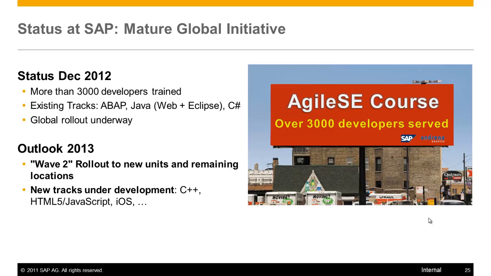Now for 2013, we focus on what we call first wave 2 new units and the remaining locations that we didn't cover so far. We also are developing some new tracks, and we also focus on sustainability to make sure that the practices and the benefits that we saw are actually staying and that we see more product level impact.